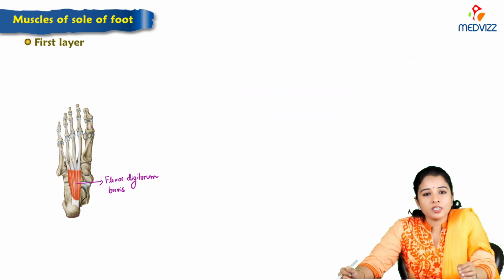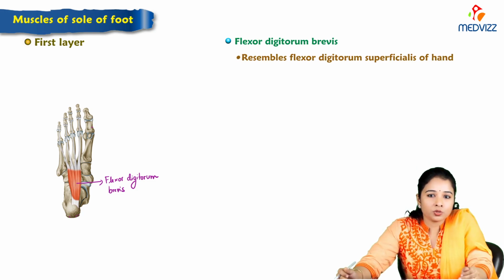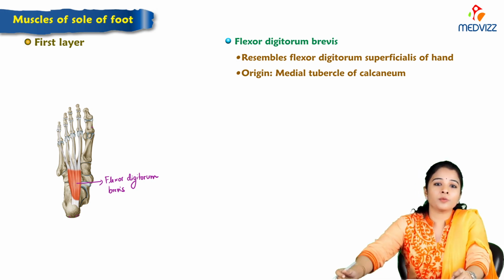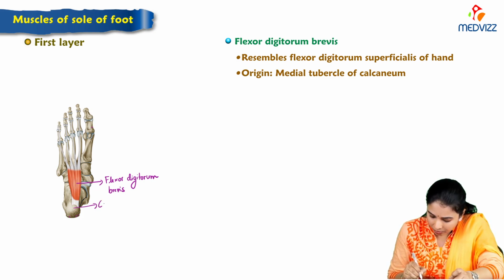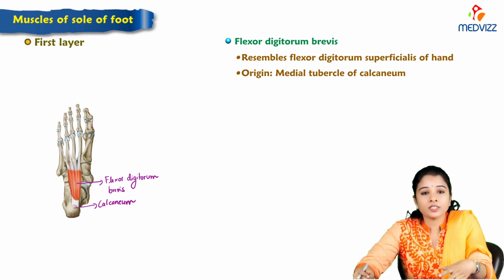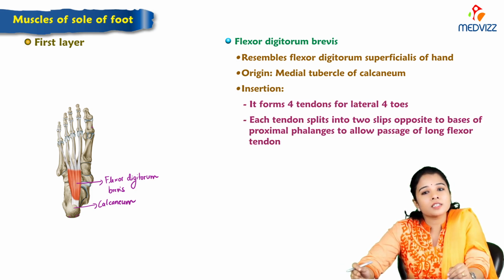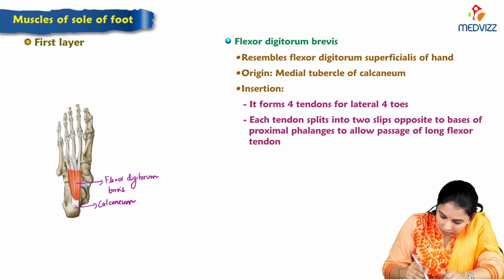Starting with the first layer muscle, flexor digitorum brevis, which resembles flexor digitorum superficialis in the hand, its origin is from the medial tubercle of the calcaneum. Let's see how it is inserted. It forms 4 tendons for the lateral 4 toes, and each tendon splits into 2 slips opposite the base of the proximal phalanx.